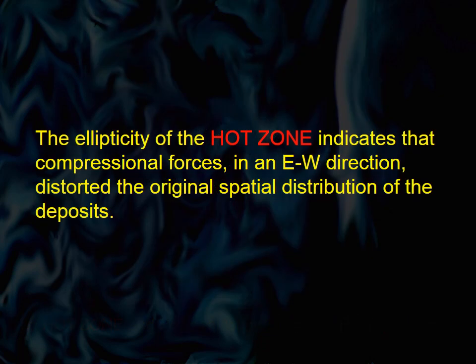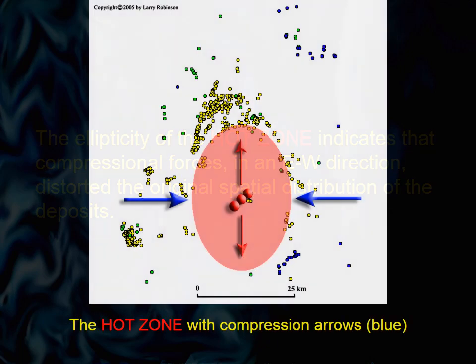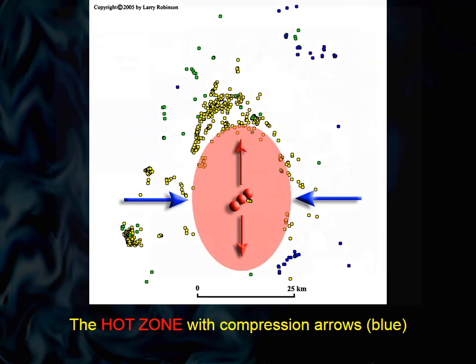The ellipticity of the hot zone indicates that compressional forces in an east-west direction distorted the original spatial distribution of the deposit. The east-west compression, as indicated by the blue arrows, and the north-south extension, as indicated by the red arrows.